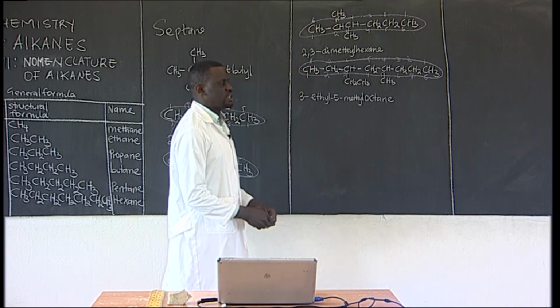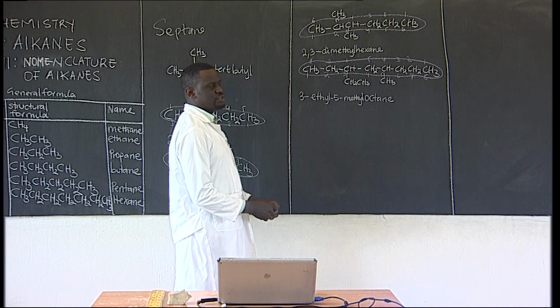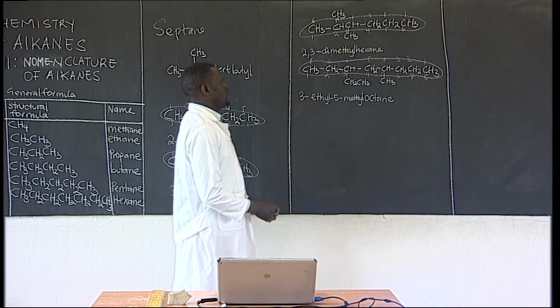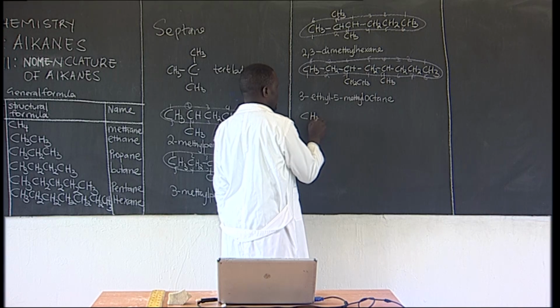So let's continue again. We have seen the rule of alphabetical order. So how does this rule of alphabetical order work when we have these dis and tris?